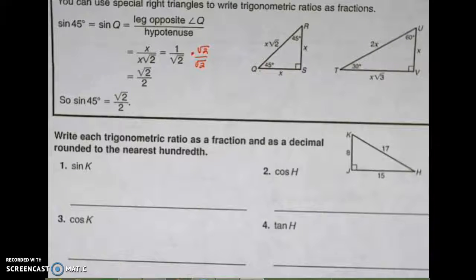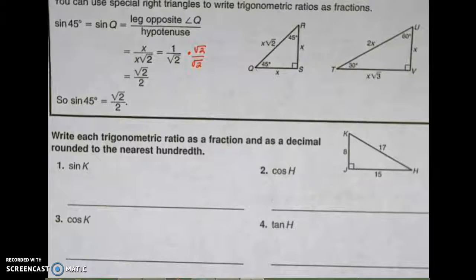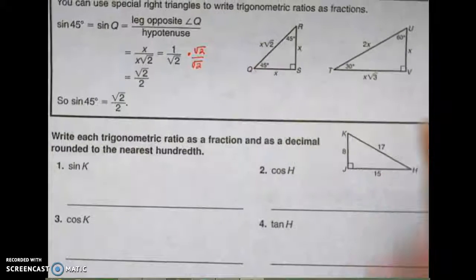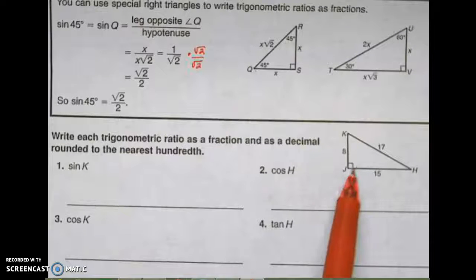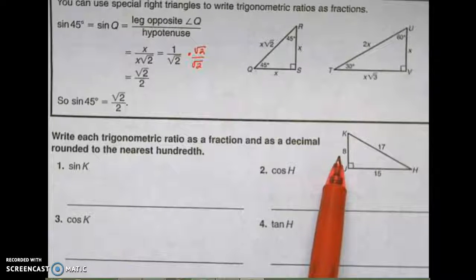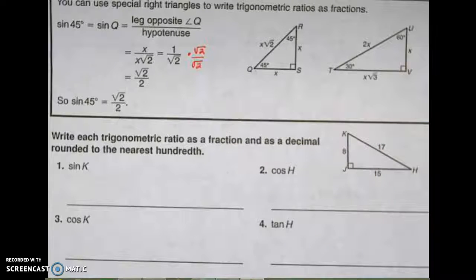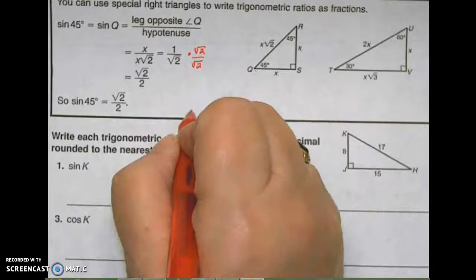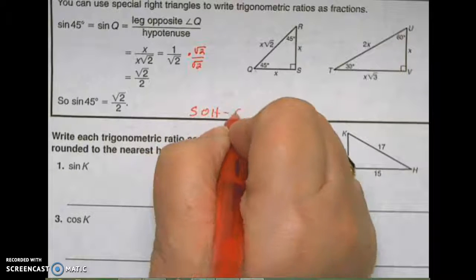If I'm looking at the first 4 problems with this right triangle with legs of length 8 and 15 and my hypotenuse of 17, again, I want to figure out the trig ratios, and I need to remember that SOHCAHTOA, so I'm going to write it again here.